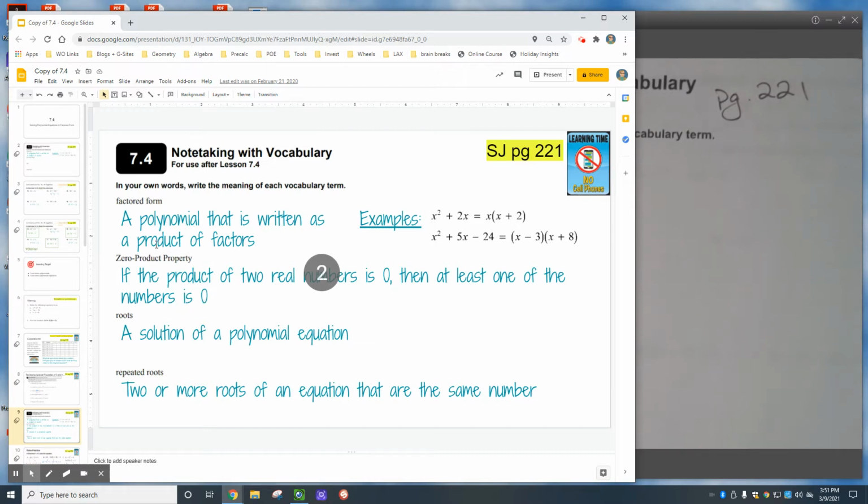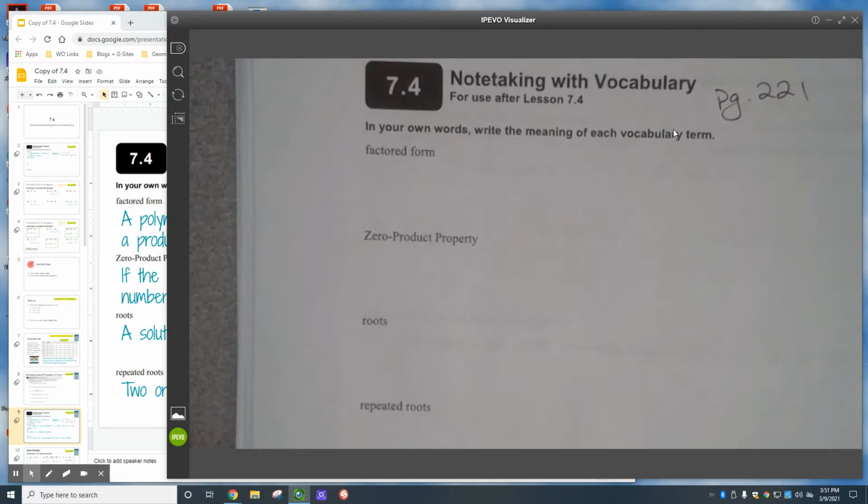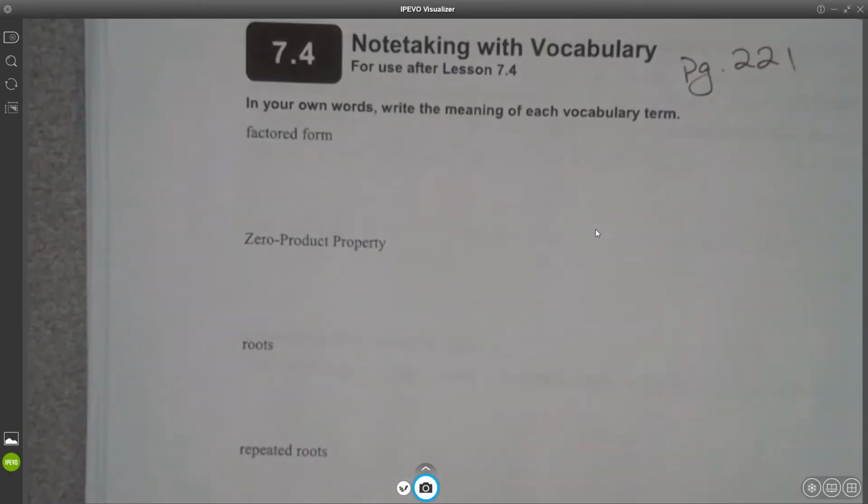When we solve these polynomials, we are getting solutions, or roots is the term for that. And sometimes we might see repeated roots where we get two or more of the same answer for solving a polynomial. So that is the vocab.